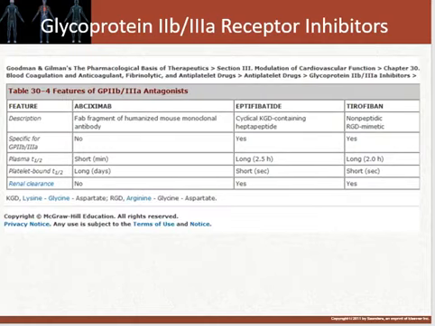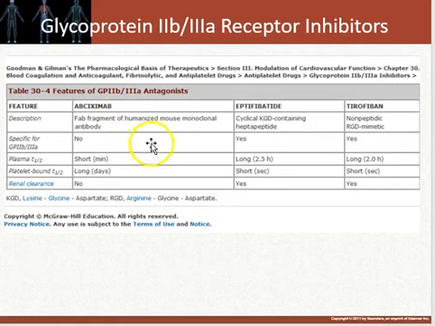These are the three drugs that are classified as your glycoprotein 2b3a receptor inhibitors. Abciximab is the first one. This is a monoclonal antibody, and again, you can tell that by looking at the suffix here, MAB.